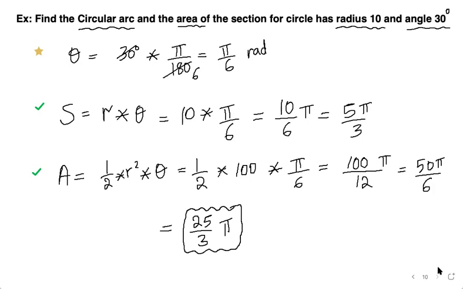It is an easy section talking about trigonometry of a right triangle. Section 5.2, trigonometry of right triangles. Okay, in the first part of this section, we start talking about the trigonometric ratios.